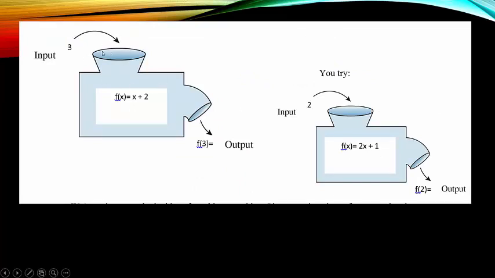So we're going to use this function machine, and it looks like the formula is x plus 2. So that's the formula we're using. So we're going to put 3. We're going to dump the number 3 into the machine. And the key is looking at our x's, because remember, you're putting in a number for x.